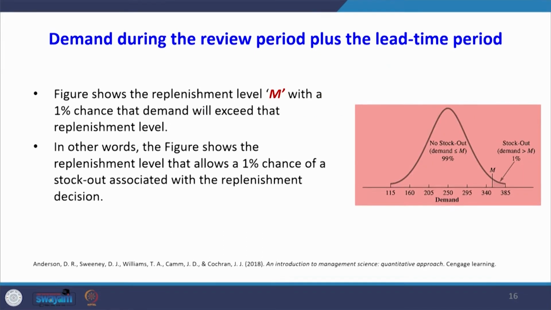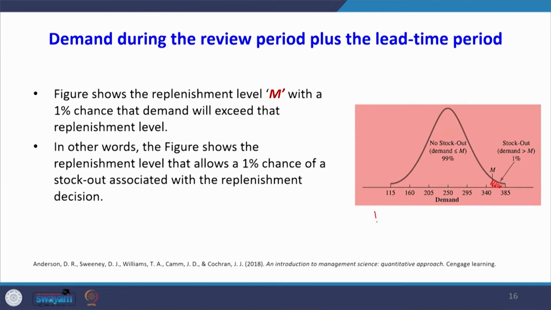So, in the previous slide we have seen the demand. Now, the figure shows the replenishment level m with a 1% chance that the demand will exceed the replenishment level. So, m is given here. The right hand side area shows the stock out. When will the stock out come? When the demand exceeds the value of m.